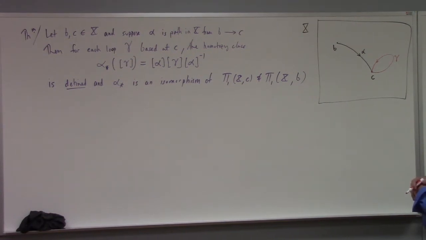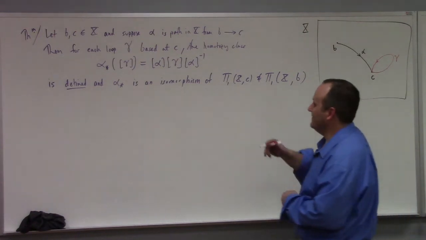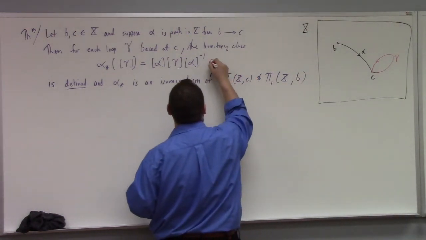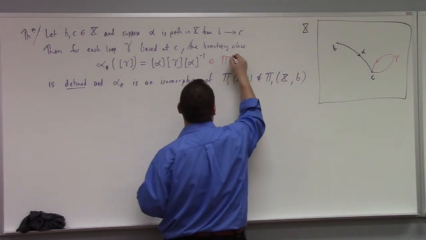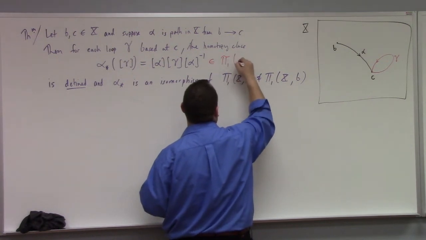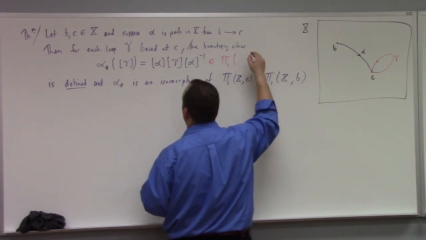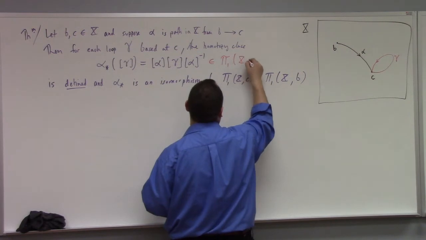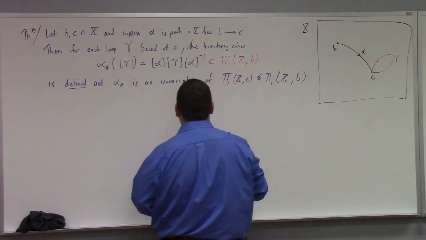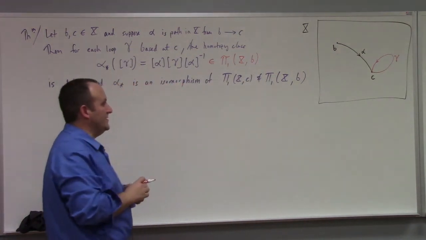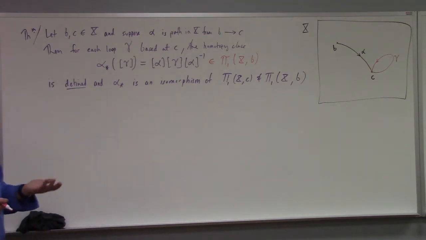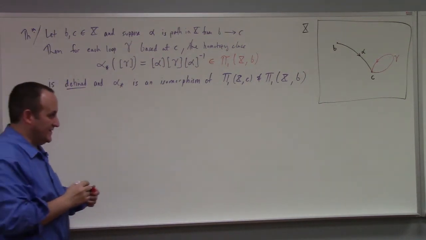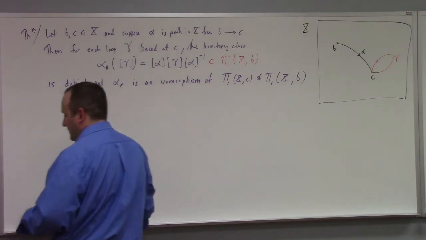Now what he doesn't tell us is where is alpha star of gamma? Where is it? It's a loop at B. It's implicit from his language, but let me just be explicit.